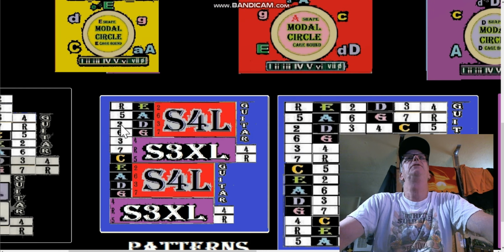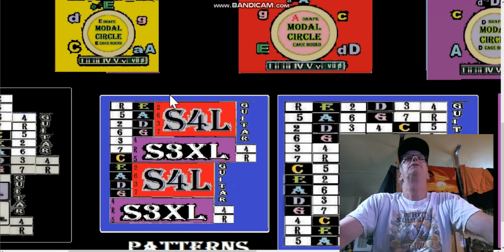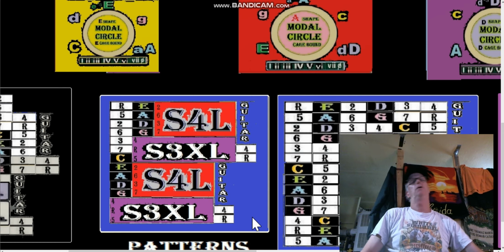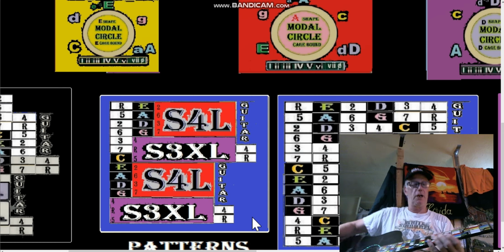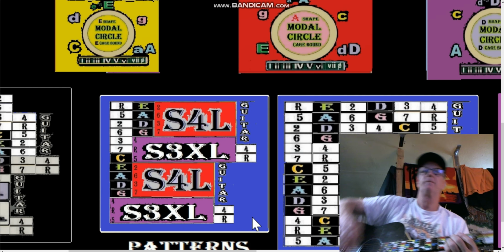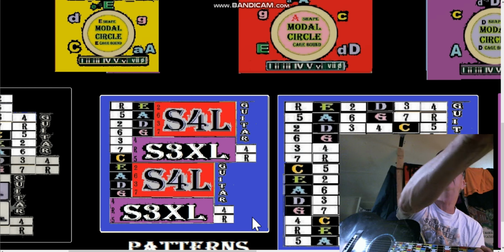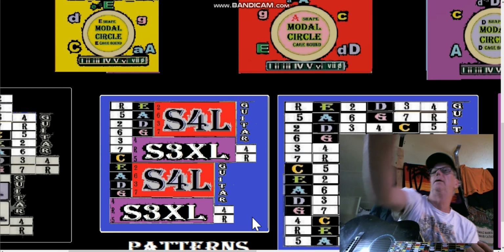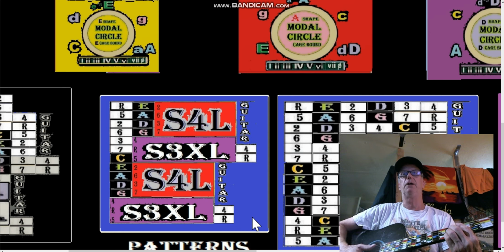So this is your home base right here for long patterns. And don't forget, long patterns means you're not going to go below the fret nut. So if I'm playing an A, and I mean a real A, A, C sharp, E, A, okay?